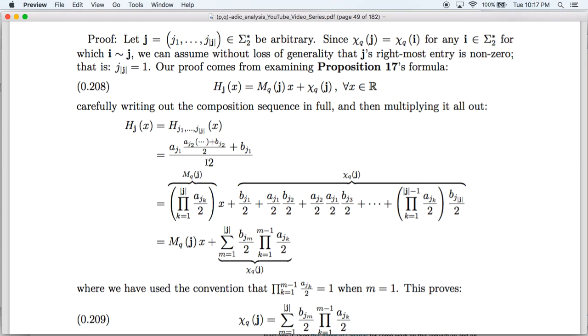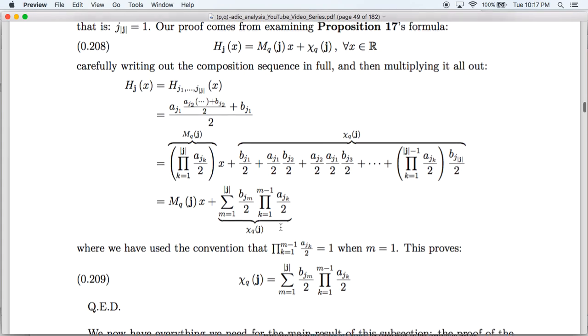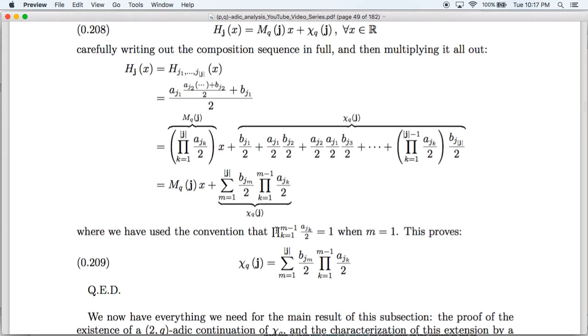So we put everything out, and we have this, and then we note the pattern, and then we see that this is mq of bold j by mq's functional equations, and this is chi-q of j, where, as we said, we've used the convention that this product is 1 when m equals 1. I will leave that up there for a moment.